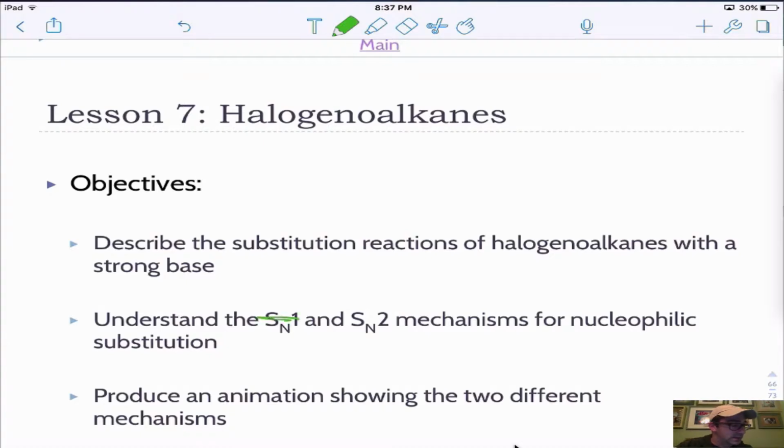We have SN1, the nucleophilic substitution that is unimolecular, and then we have SN2, the nucleophilic substitution where you have two molecules reacting at once.